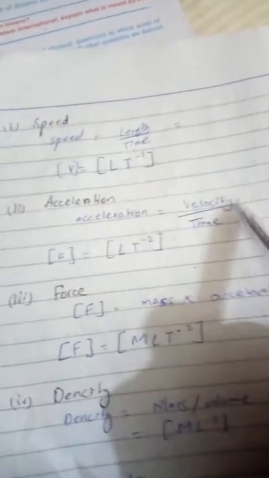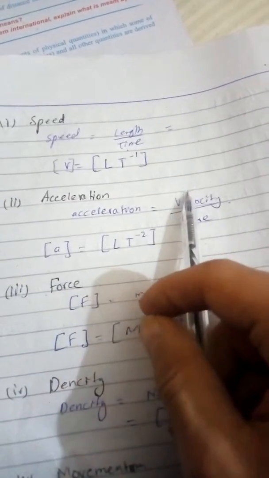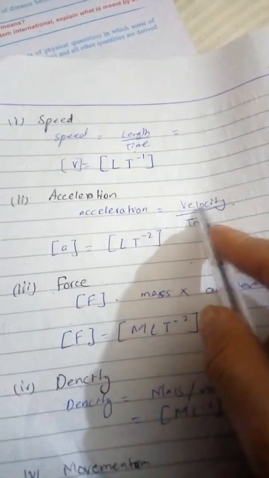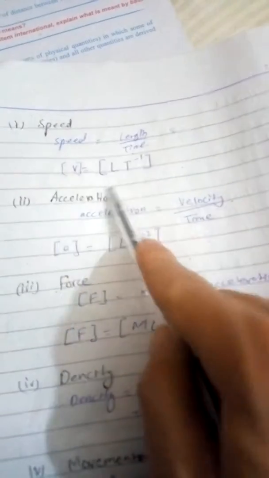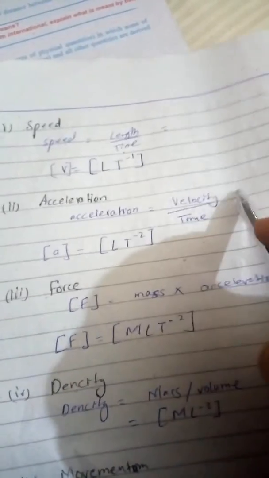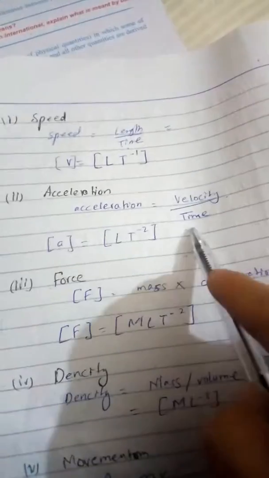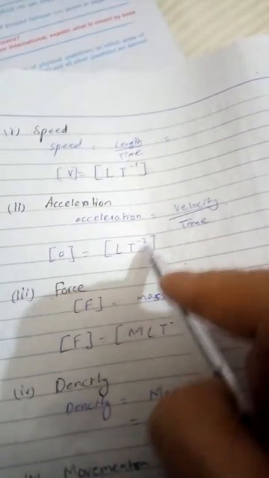For acceleration, we know that acceleration is the change in velocity over time, so we write velocity divided by time. We know that velocity is LT^-1, and time is to the power negative one, so multiplying with velocity we already have -1, and another one comes and it becomes -2.